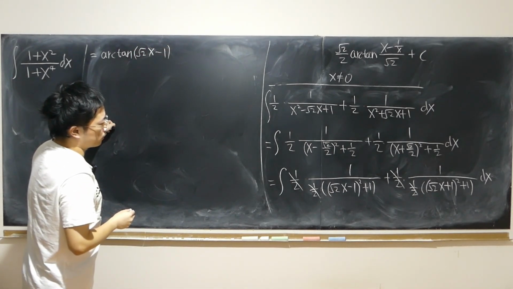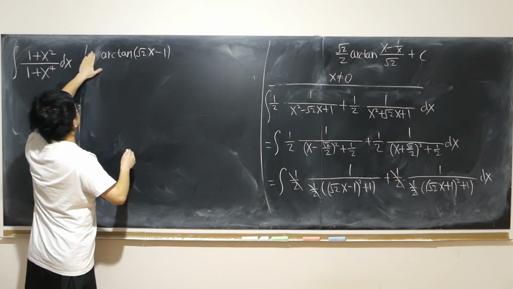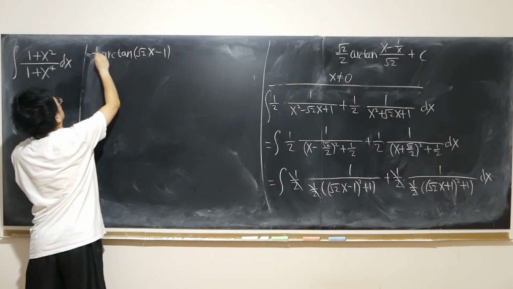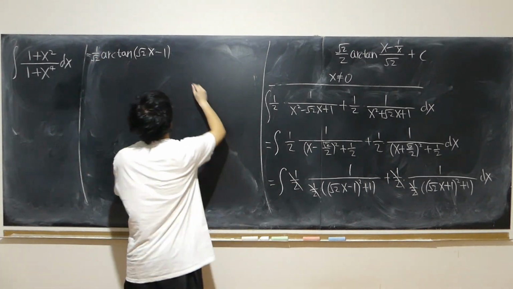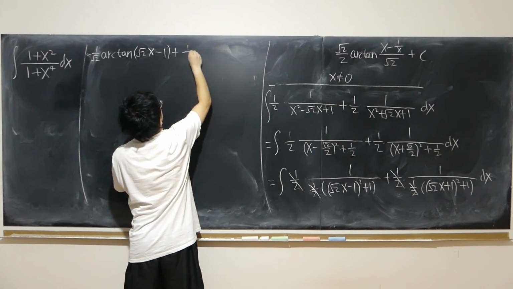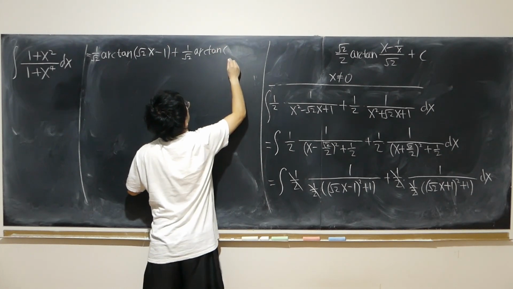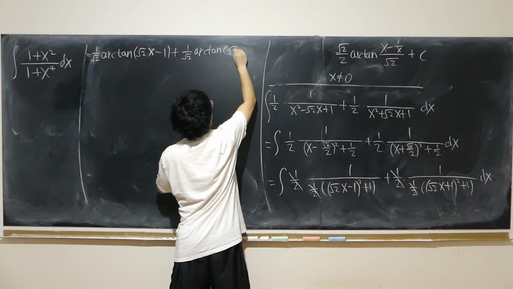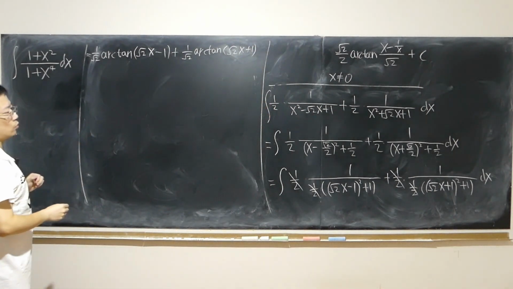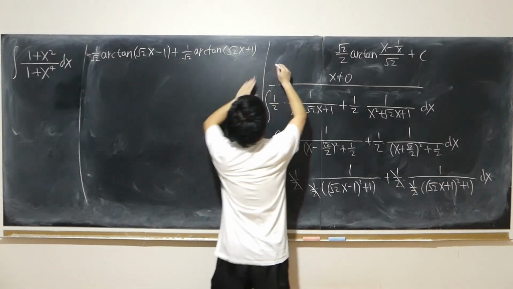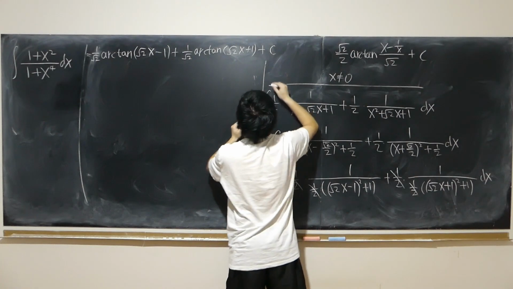And also there's a constant, so divide by that constant: 1 over square root of 2. And also that one, similar: plus 1 over square root of 2 arctangent of square root of 2 x plus 1. And also plus c.